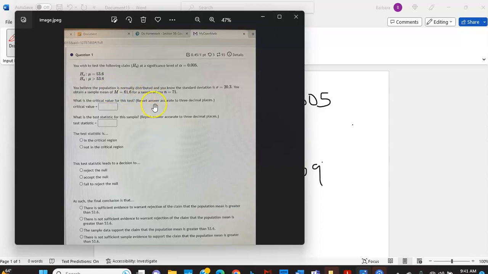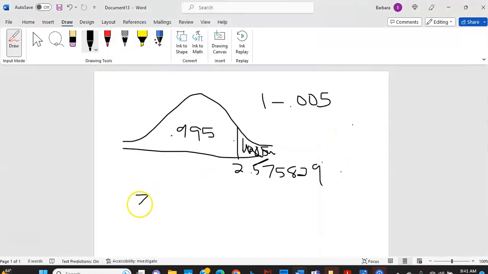Let me write down all of our information here. Our standard deviation is 20.3. The sample mean is 61.6, and the sample size is 71. And our population mean from our null hypothesis is 53.6.